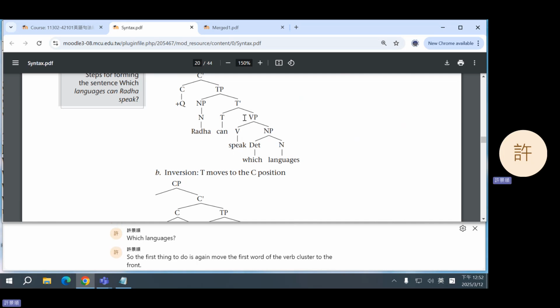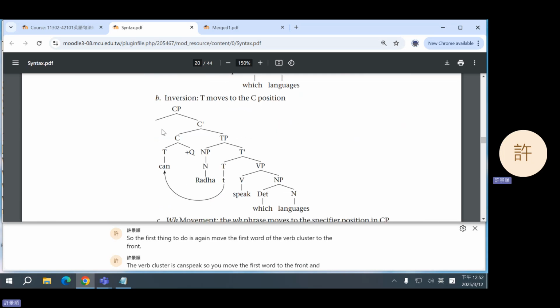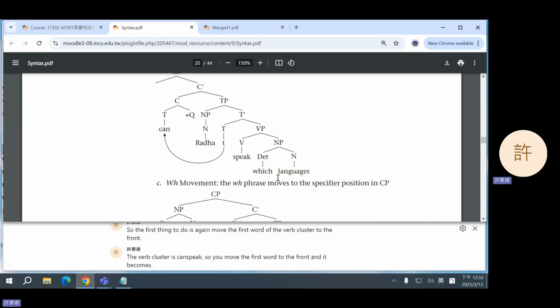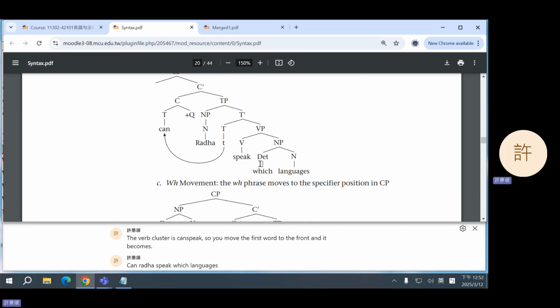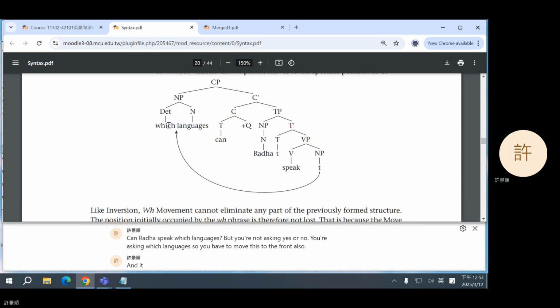The verb cluster is can speak. So you move the first word to the front and it becomes can Radha speak which languages? But you're not asking yes or no. You're asking which languages. So you have to move this to the front also. And it becomes which languages can Radha speak?